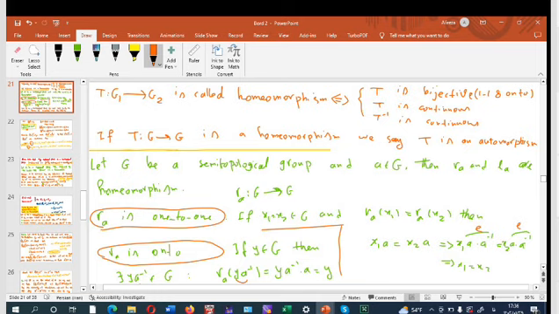Now if T from G to G is a homeomorphism, we say T is an automorphism, if G1 and G2 are the same.